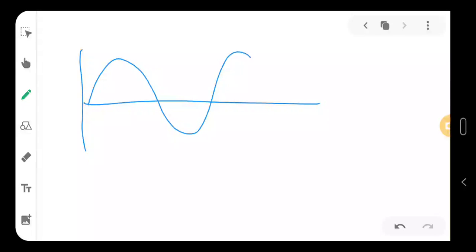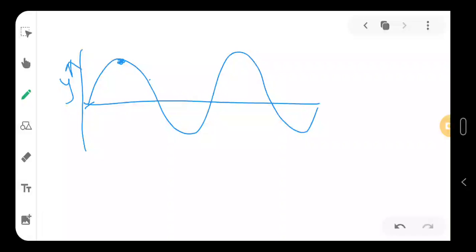So if we want to find out the velocity of a wave, we cannot directly do dy/dt. Why? Because let's say this is the wave, like this, and we know that y is nothing but the displacement of each of these particles at any certain amount of time.